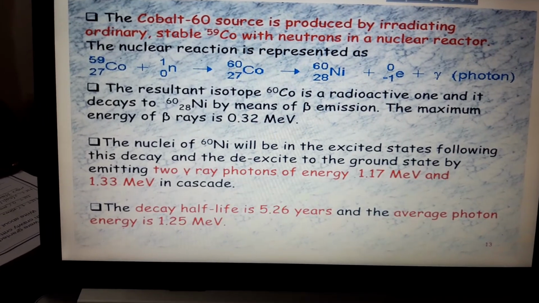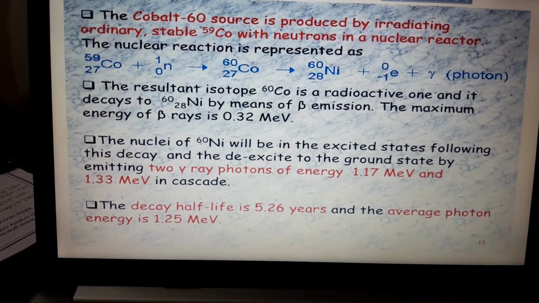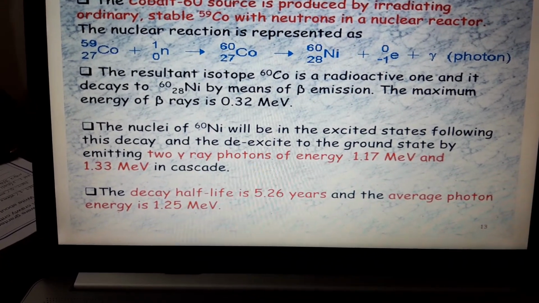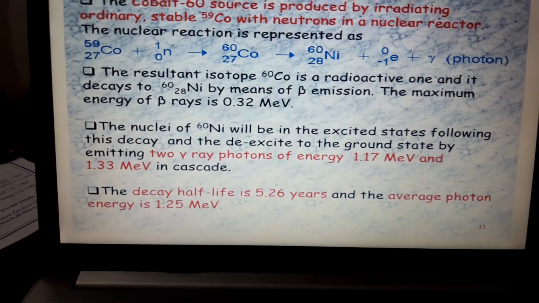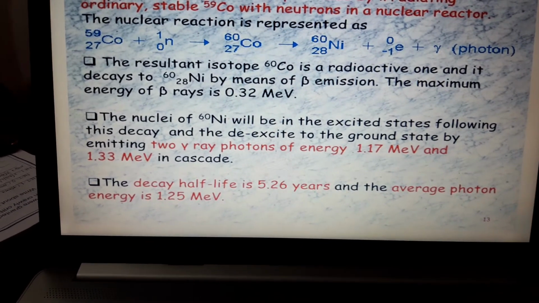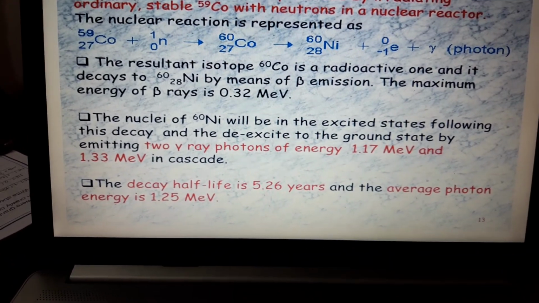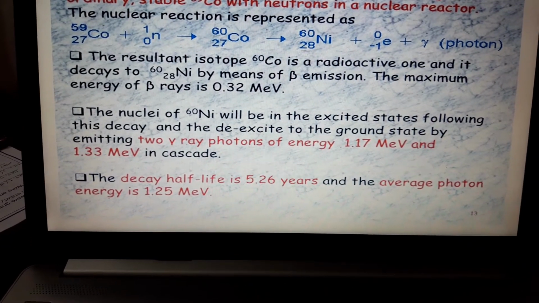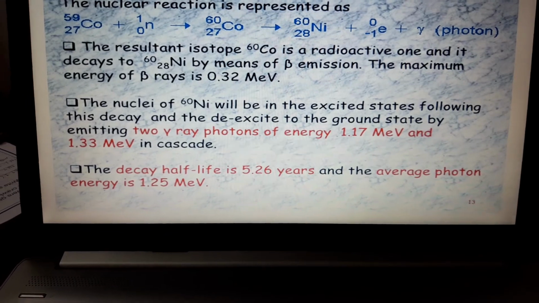The resultant isotope cobalt 60 is radioactive, and it decays to nickel 60 by means of beta emission. The maximum energy of beta is 0.32 MeV. The decay half-life is 5.26 years and the average photon energy is 1.25 MeV.